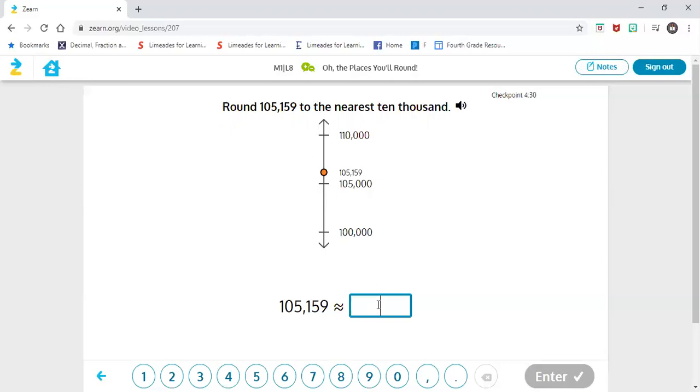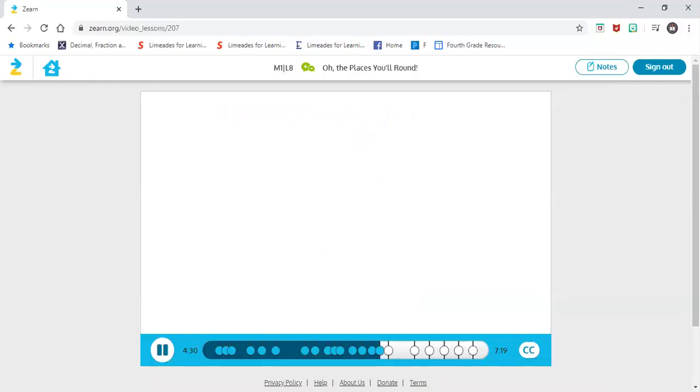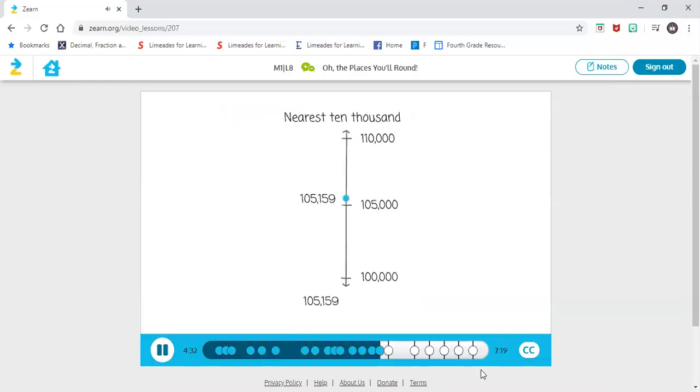So I'm saying 105,159 is about 110,000. We can see on the number line that 105,159 rounds up to 110,000.